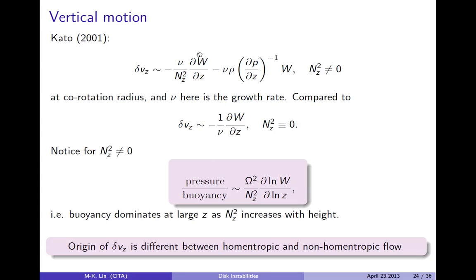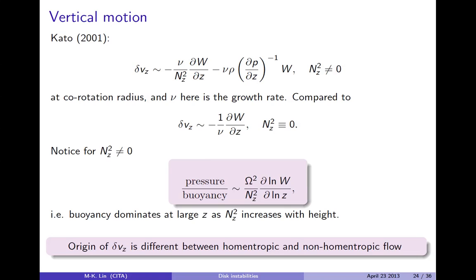The second term here, rho times dV/dz, that's just vertical gravity. So the second term here is buoyancy. So in general, you have these two different contributions. But in the special case where there are no entropy variations, so uniform entropy, there is only one contribution to vertical velocity. So these two expressions for the vertical velocity are qualitatively different.